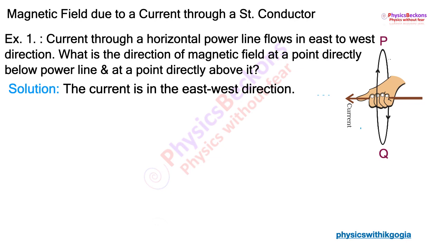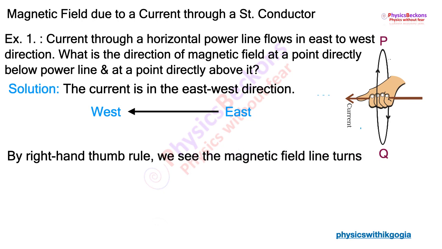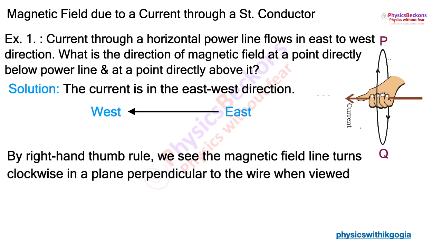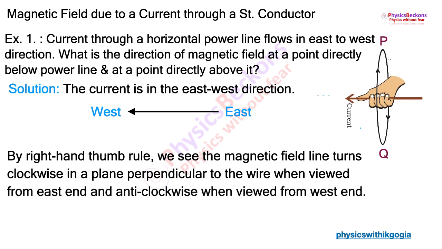The current is given to flow from east to west direction as marked. By right hand thumb rule, if you hold the current carrying conductor in your right hand, you can see that your fingers are curling in clockwise direction if you see from right, and anti-clockwise direction if you see from left side or west side.